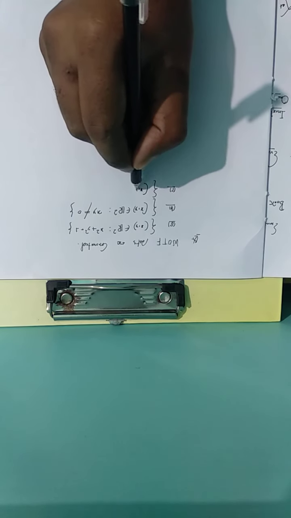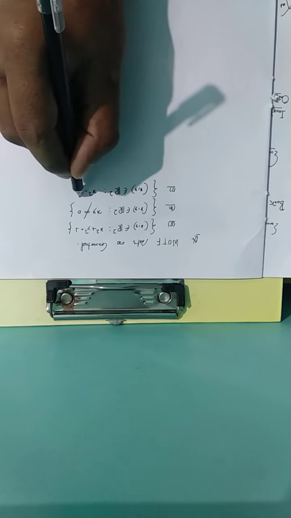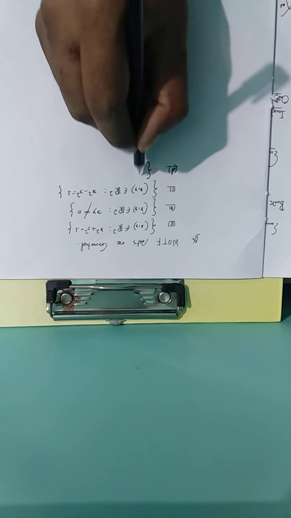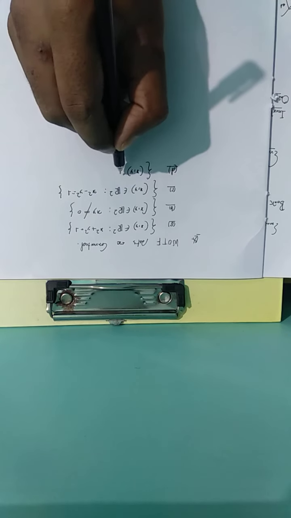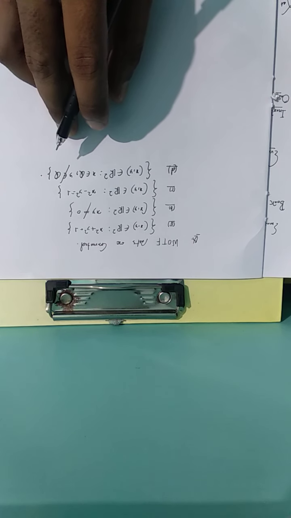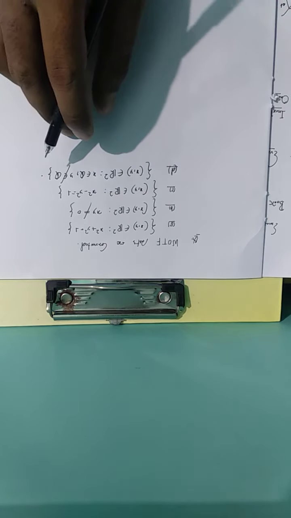Option C, all (x,y) belonging to R^2 such that x^2 minus y^2 equals 1. And option D, all (x,y) belonging to R^2 such that x belongs to Q and y does not belong to Q. A very good question for any exam. It is also important for NBHM and NET exams especially.